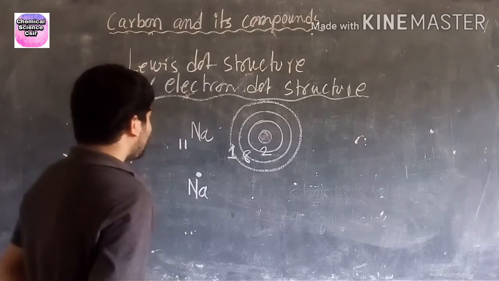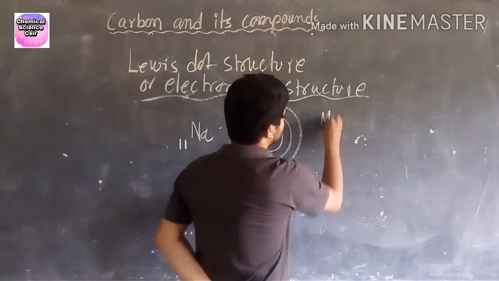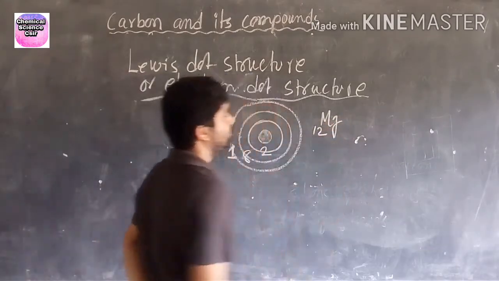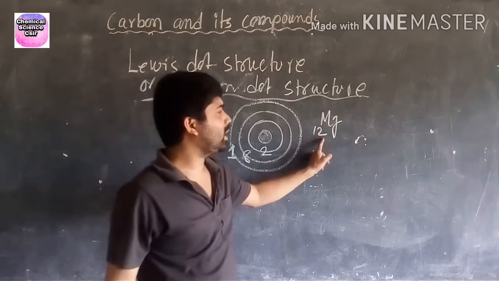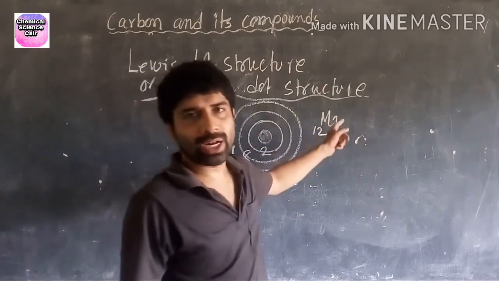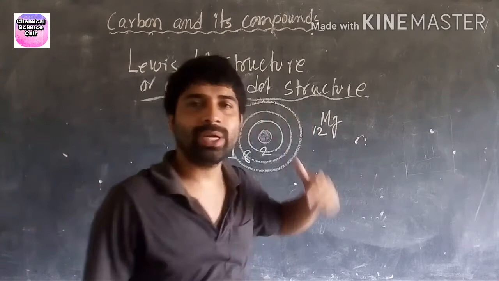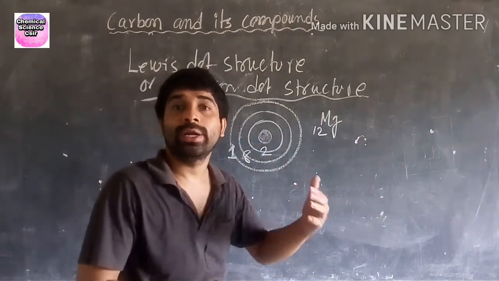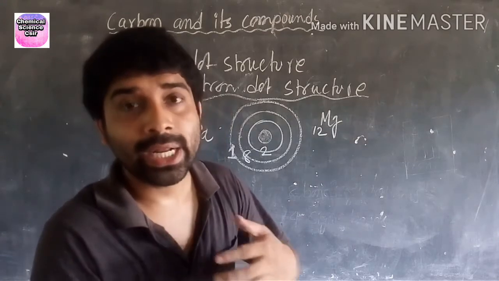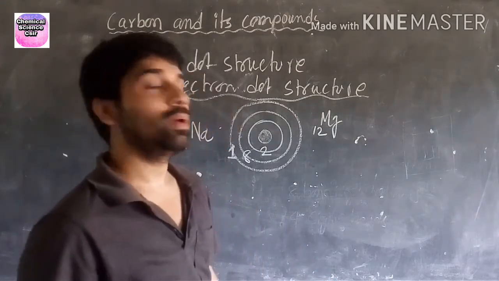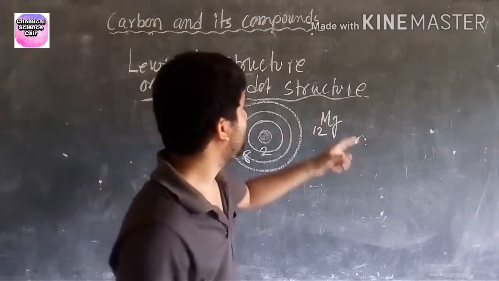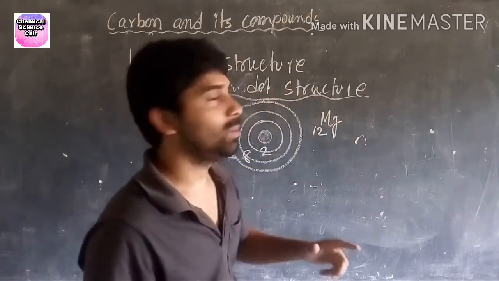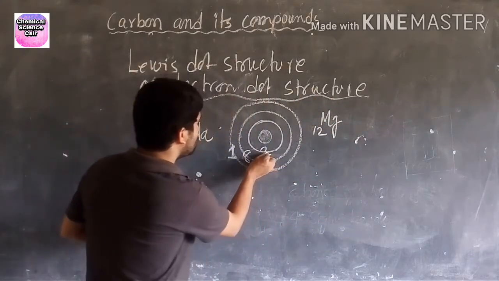Let me give one more example. See, Mg, magnesium, atomic number 12. This is a neutral atom, so the number of protons is 12 and the number of electrons is also 12. So you write 2, 8.